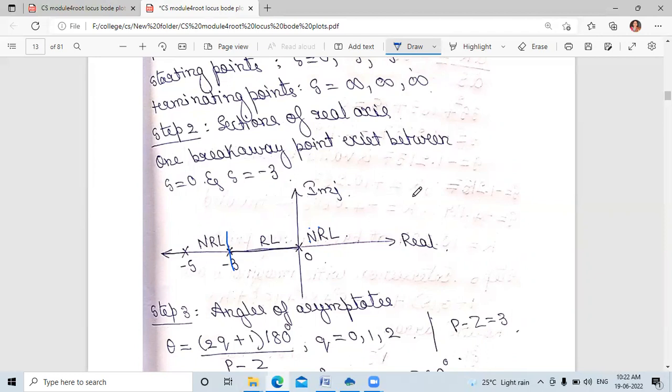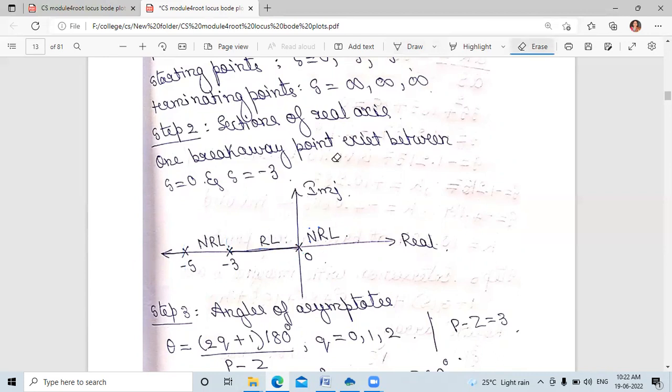That is how we say whether it is an odd or even number, from the addition of zeros and poles. If we hold hand at -5, 2 poles are there, so it is an even number. No root locus exists from -5 to -3. If you hold hand here, there is only one, which is an odd number, so root locus exists from -3 to 0. Like this, we need to find out.